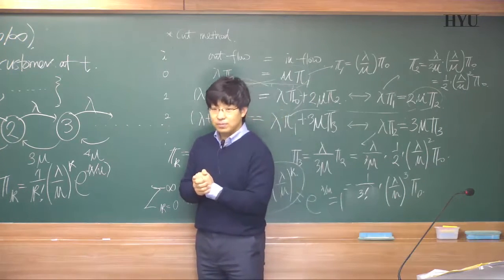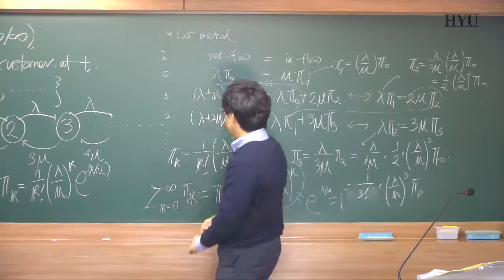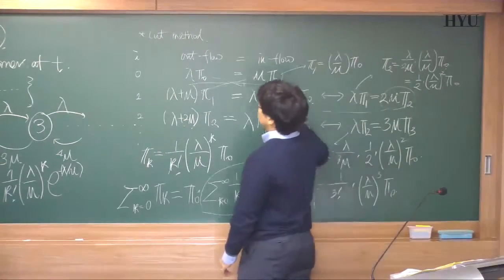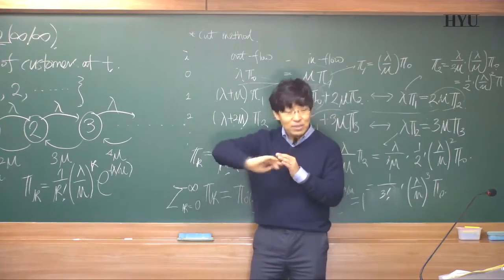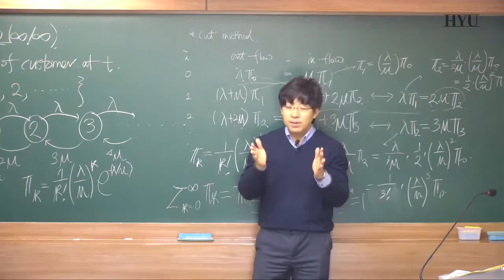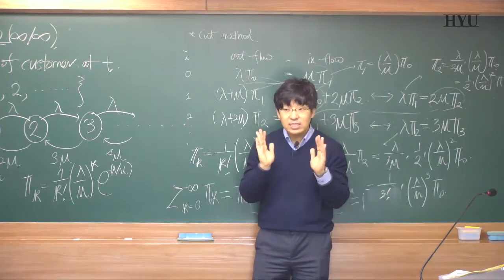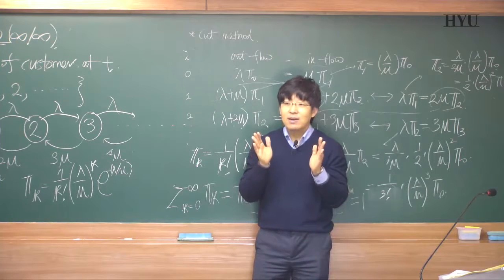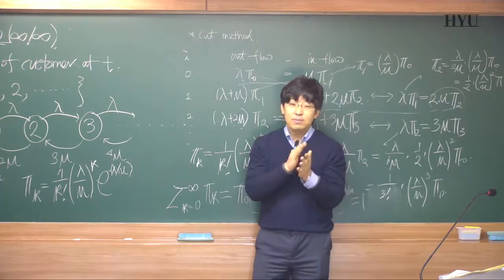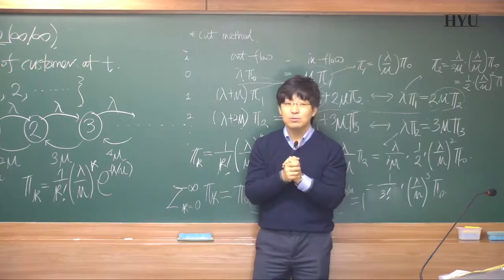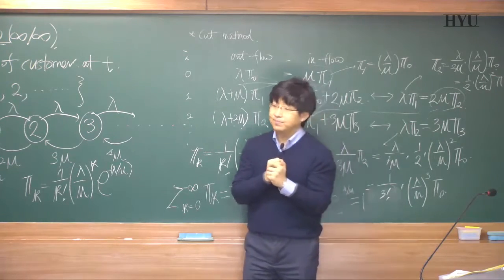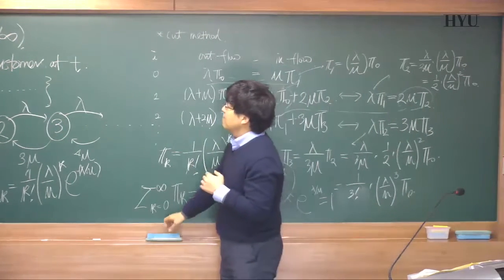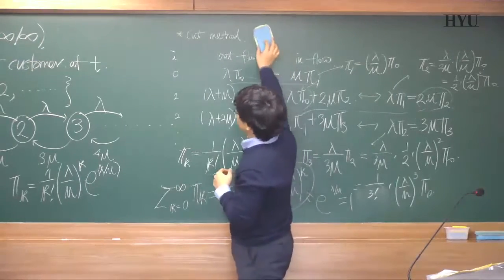Do you see what I'm saying? Okay. So if time t goes to infinity, the number of customers in the system follows a Poisson distribution, okay, in the infinite queuing system.